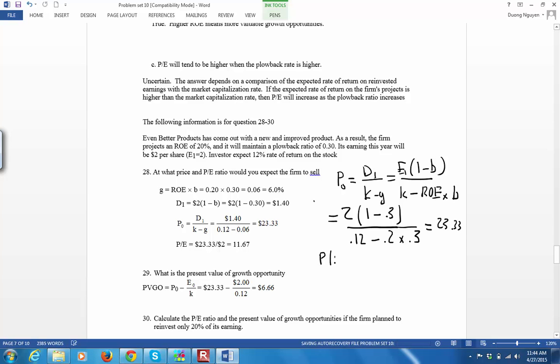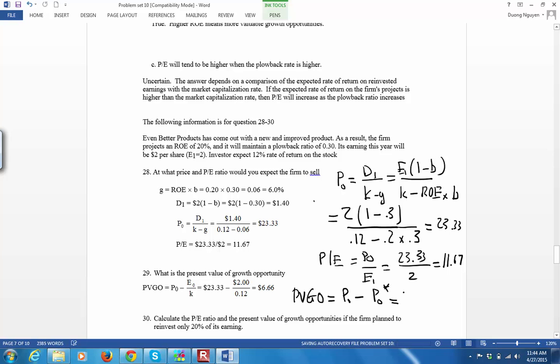The PE ratio is equal to P0 over E1, equal to 23.33 over E1, which is $2, equal to 11.67. Okay, what is the present value of growth opportunity? PVGO is the price with growth minus the price without growth, P0 star.